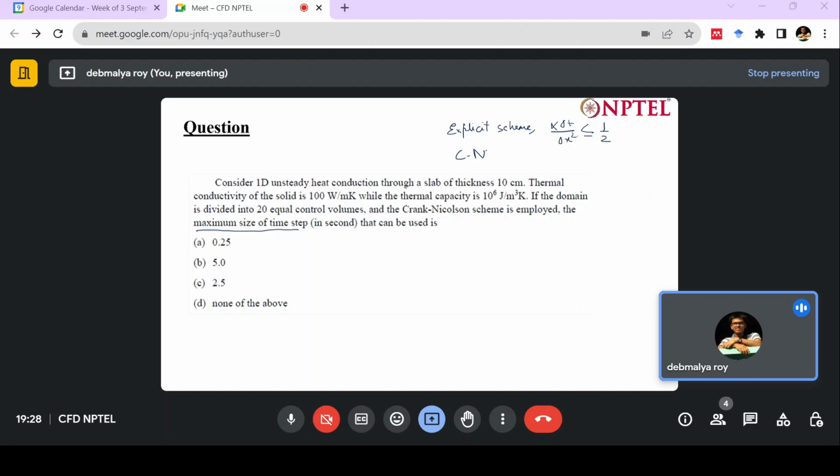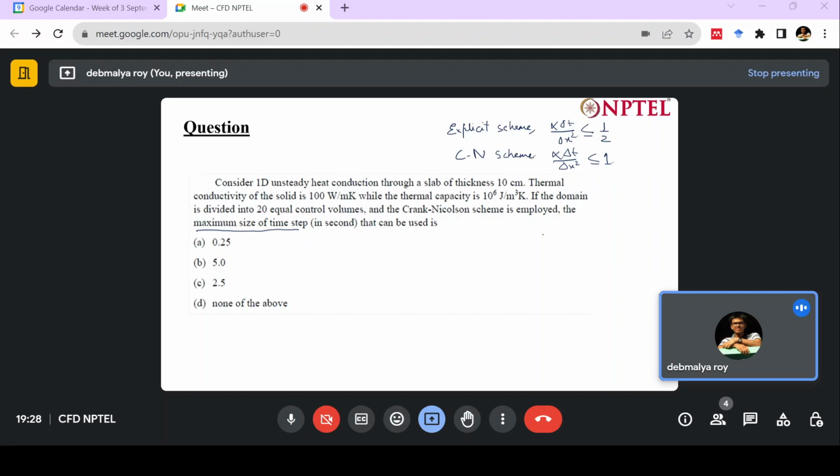For the Crank-Nicolson scheme, alpha delta t by delta x square should be less than 1. So this is a relaxed criterion compared to the explicit scheme.